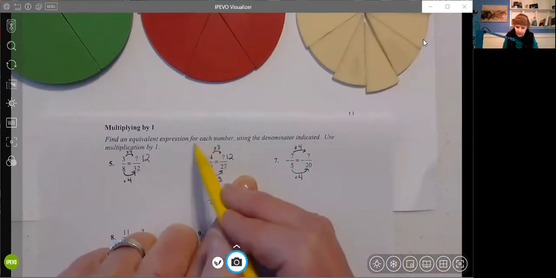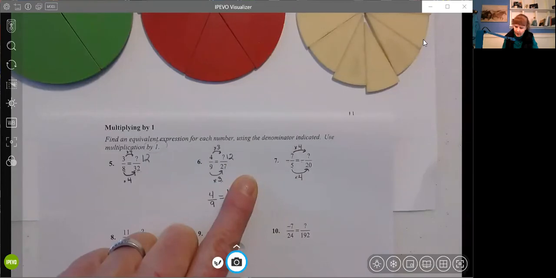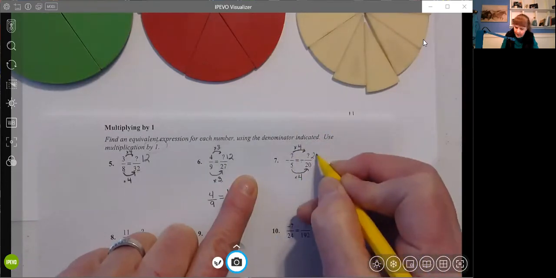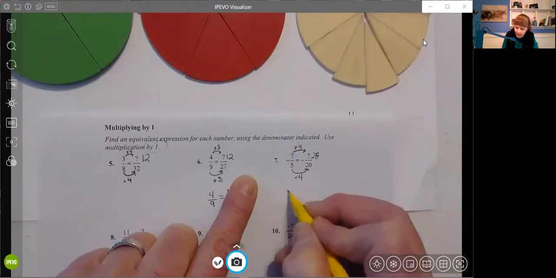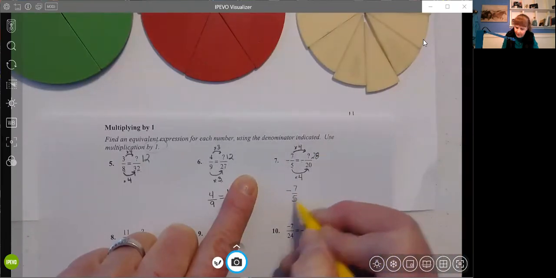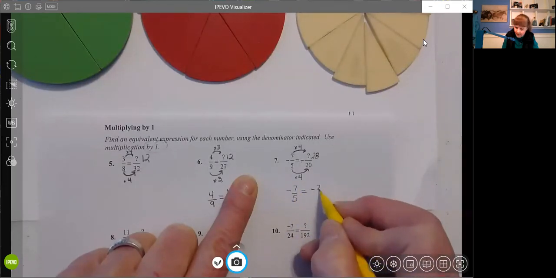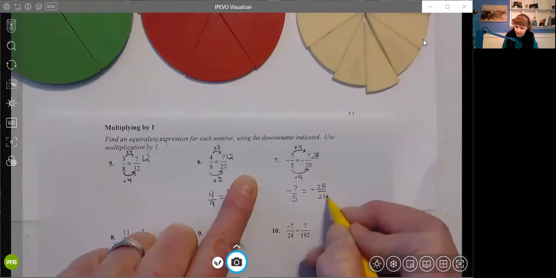That's what they mean by this here. So here, 7 times 4 is 28. So if you have a negative 7/5, okay, you have more than 1 actually here. You're going to have a negative 28/20.